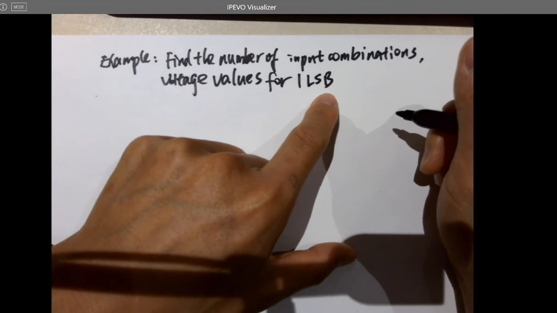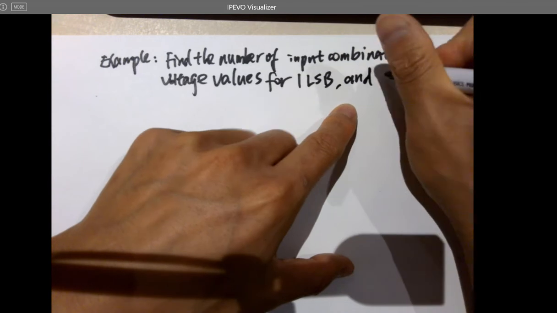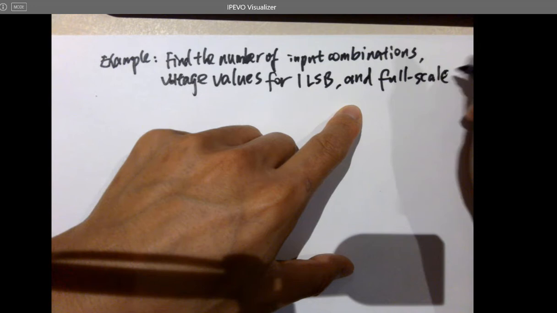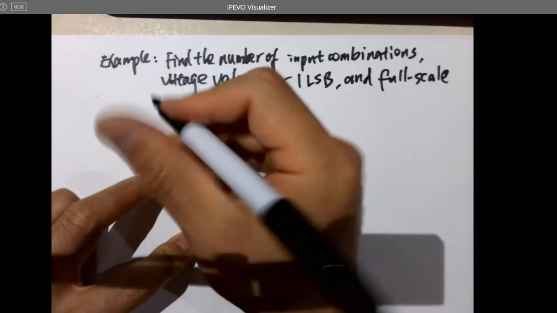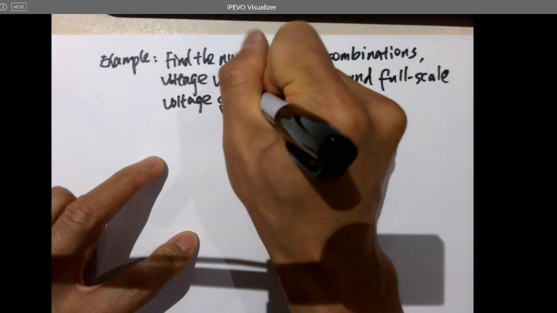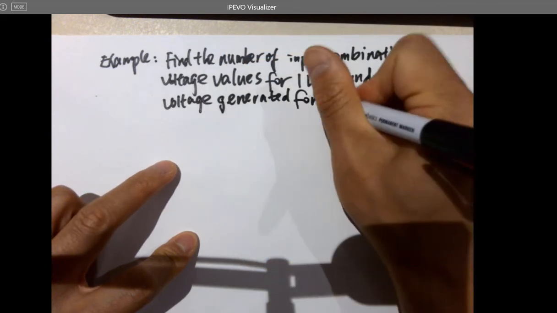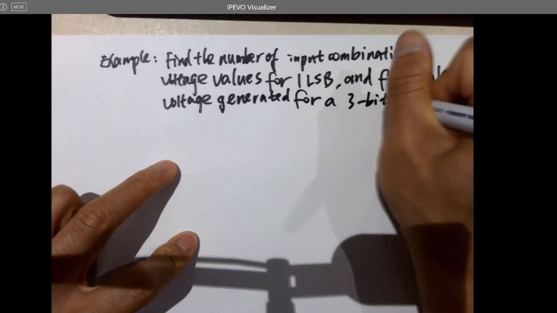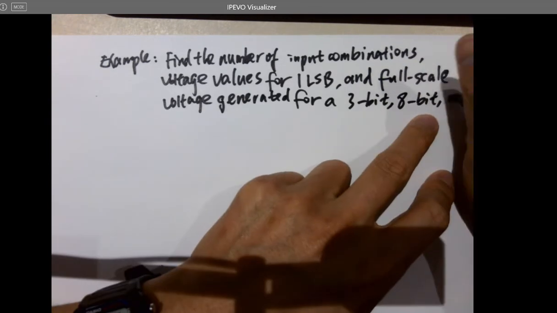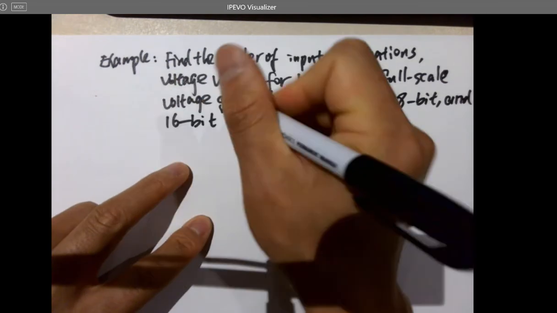Let's just stick to bit, right? One LSB. And full scale voltage generated for a 3-bit, 8-bit, and a 16-bit DAC.